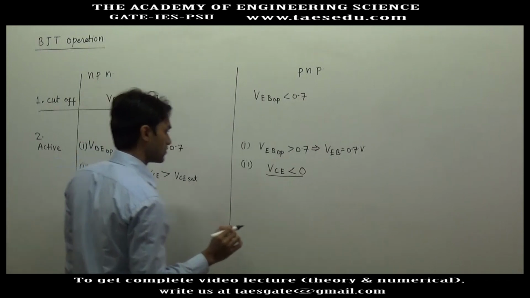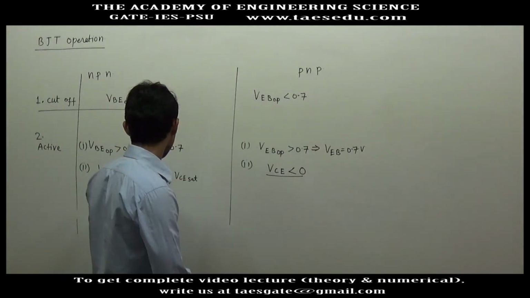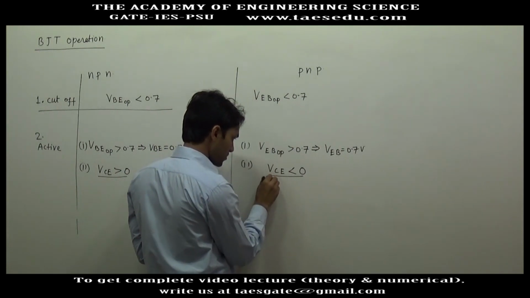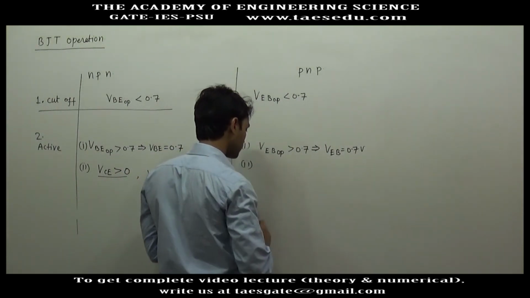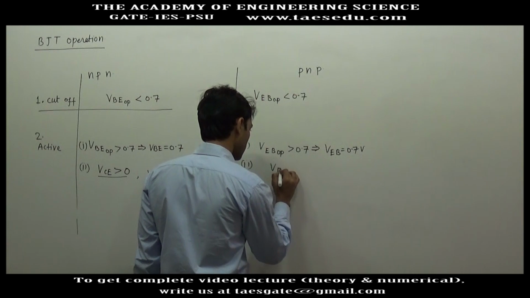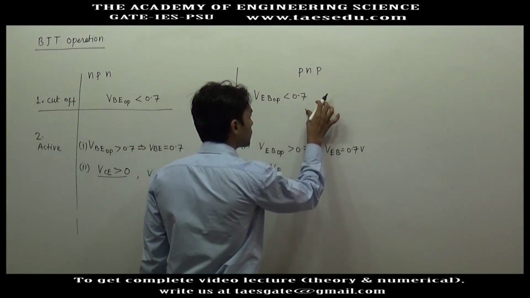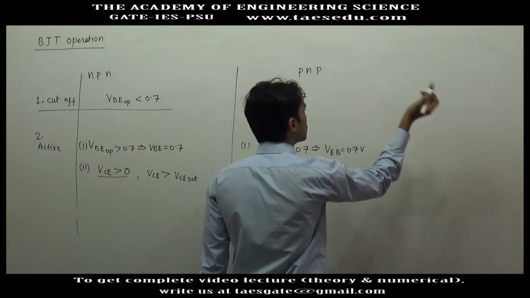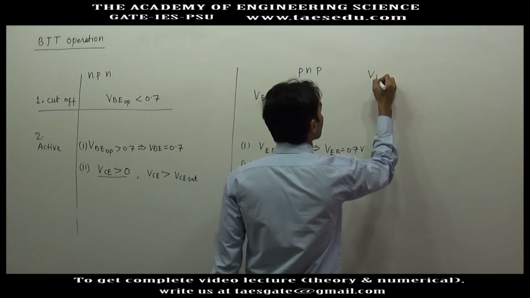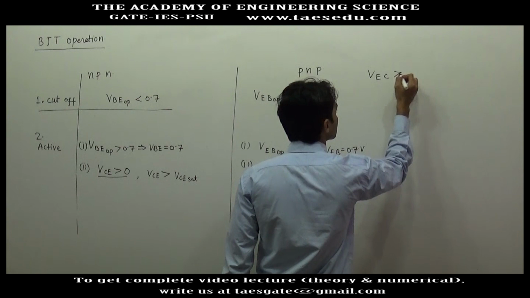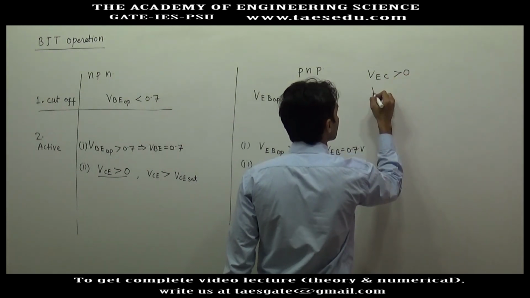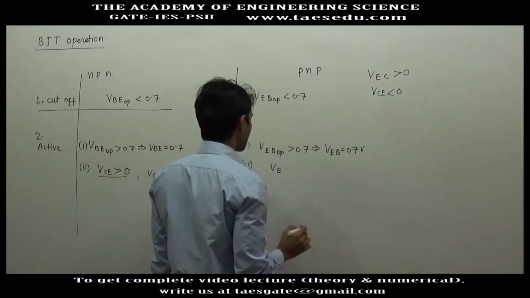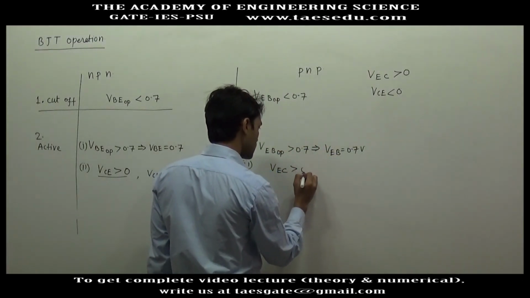Here also it is better to write in terms of VEC. For PNP transistor, if you go back, we got VEC must be greater than 0, then I said VCE must be less than 0. VEC must be greater than 0.